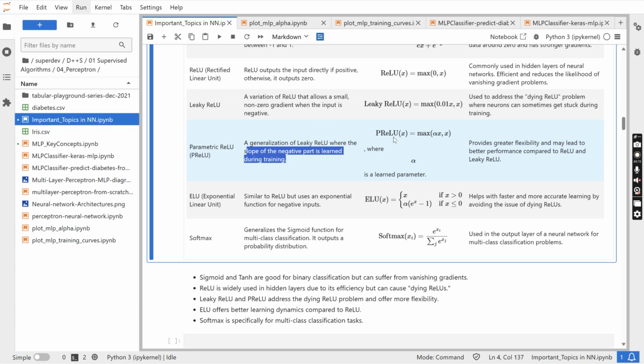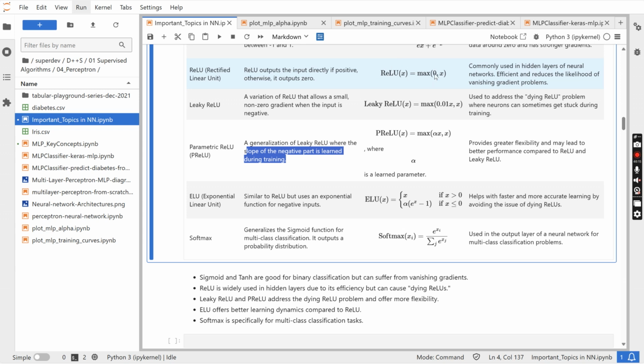That's what we are saying. Look at the formula: if x is positive, if inputs are positive, ReLU, leaky ReLU and PReLU all three allow x only.